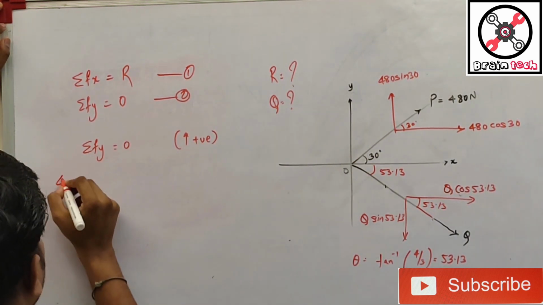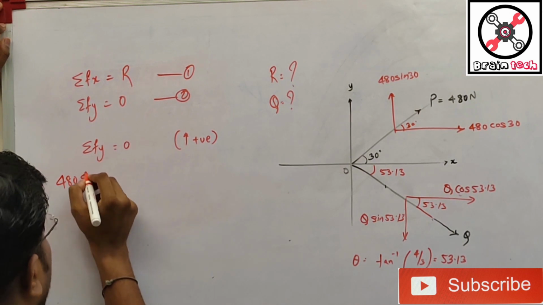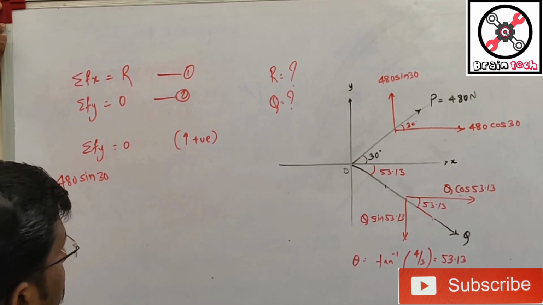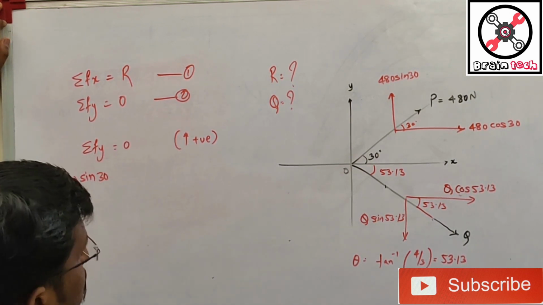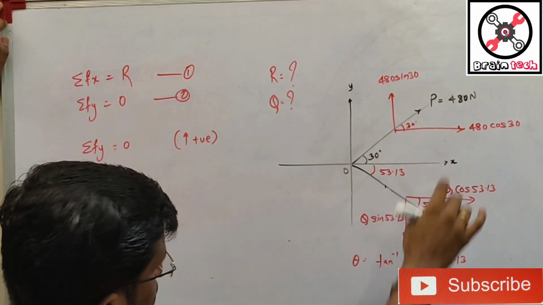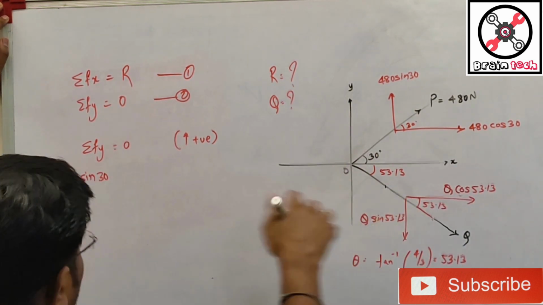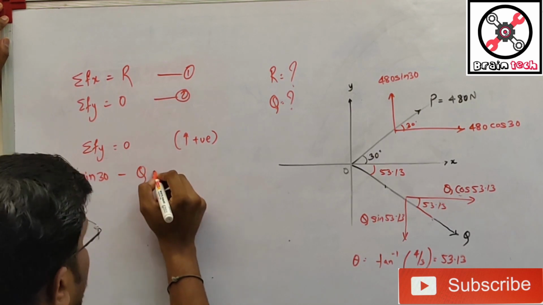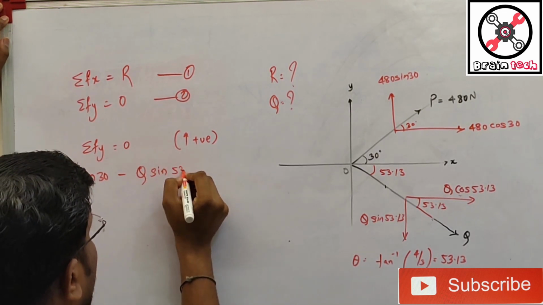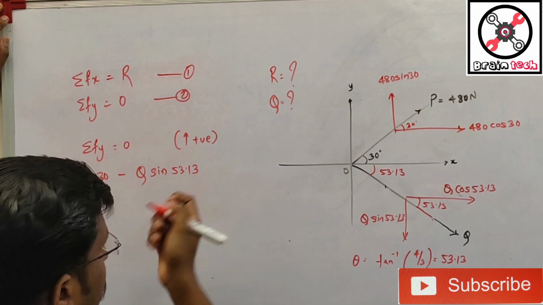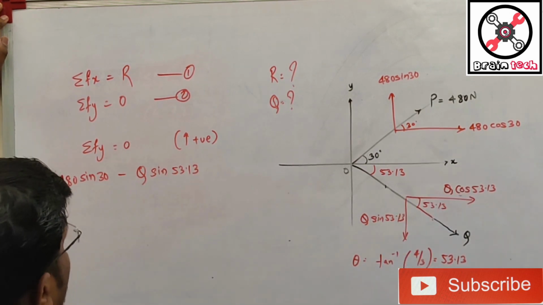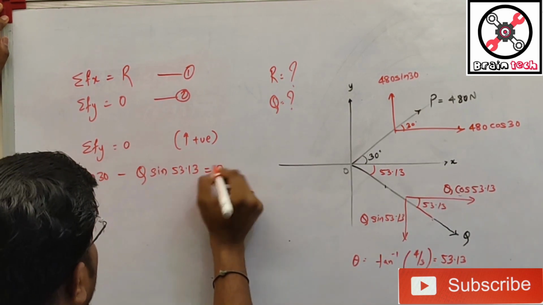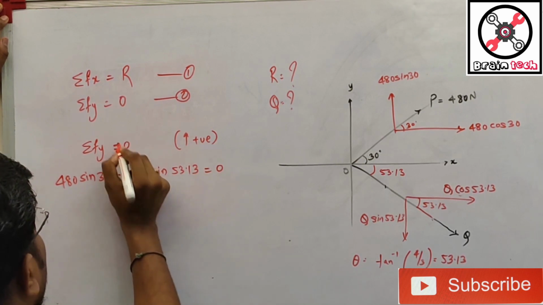So here 480 sin 30, that is a vertical force going upwards, that is positive. This won't come, that is a horizontal force. Yeah, this is a vertical force and acting downwards. So here it is Q sin 53.13, and this is a horizontal force again. So I'll say it is equal to 0.